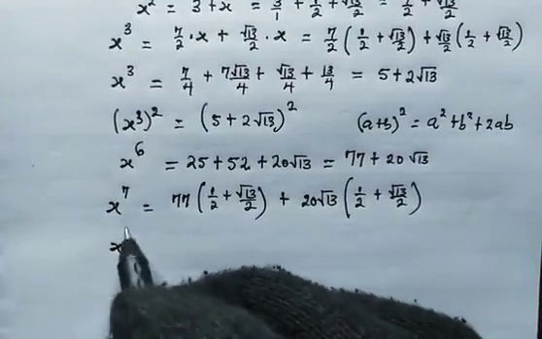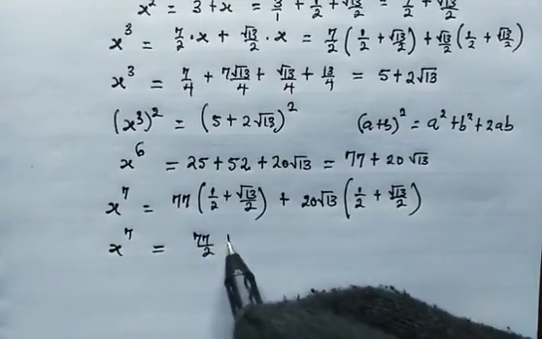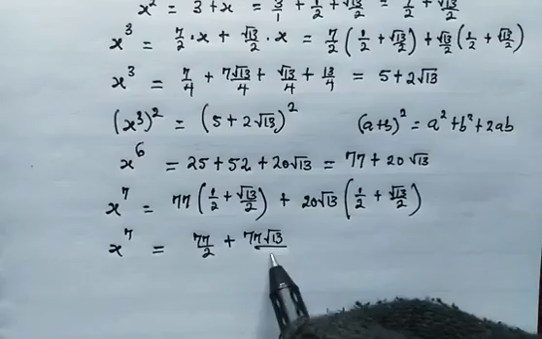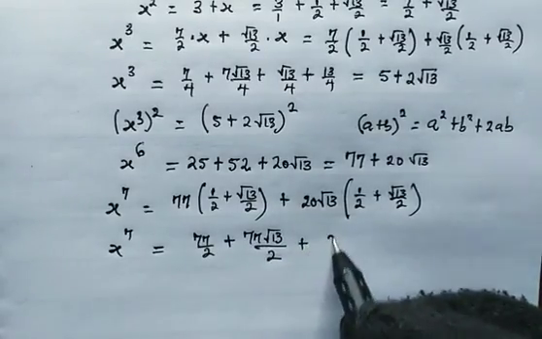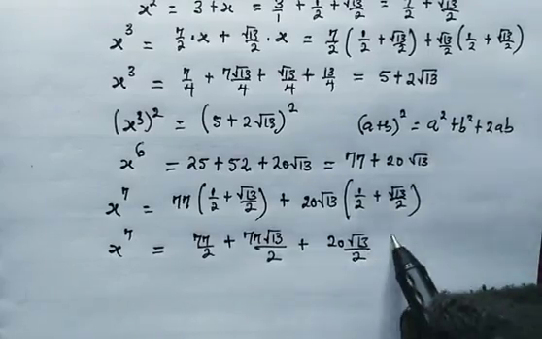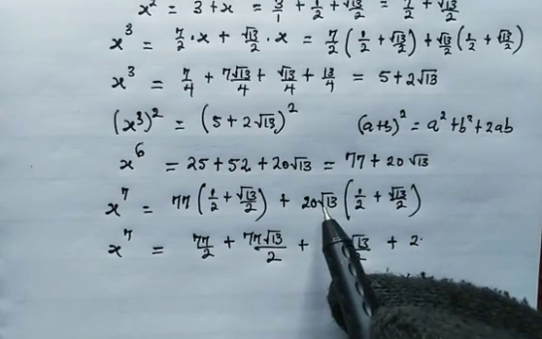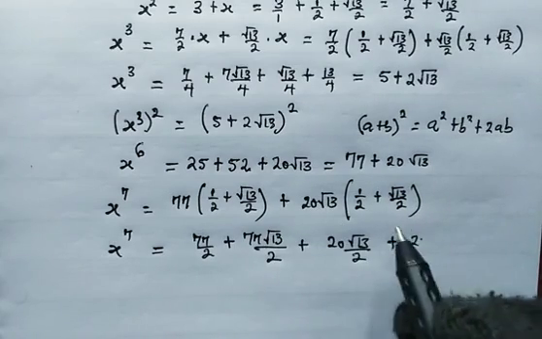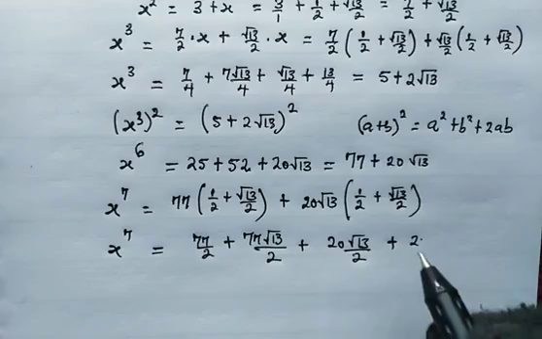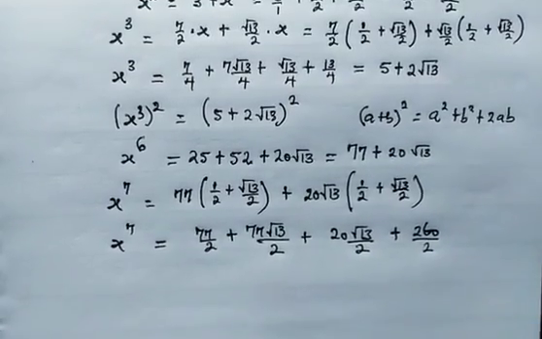So from here, x to the power of 7 equals 77 all over 2 plus 77 root of 13 over 2, then plus 20 root of 13 over 2, then plus 20 root 13 times root 13 is 13, then 13 times 20 gives us 260, all over 2.